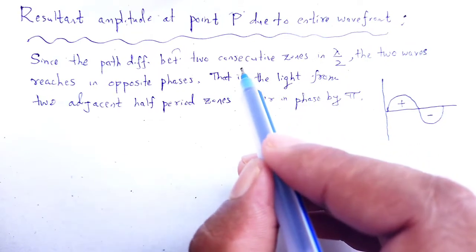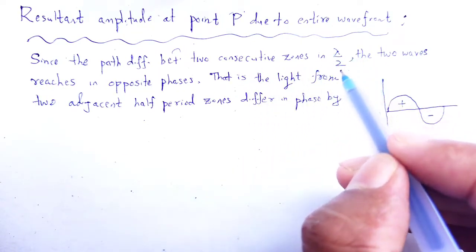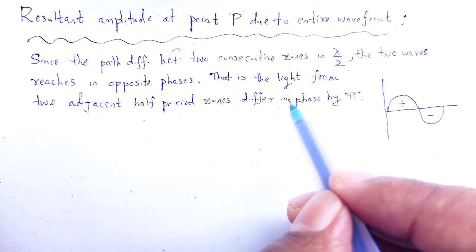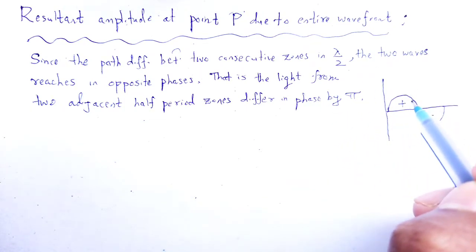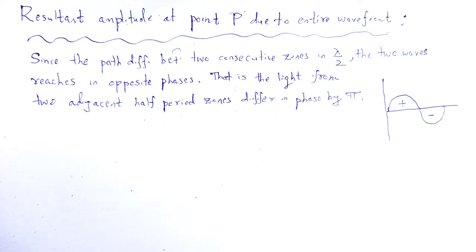Two adjacent zones differ in path difference by lambda by 2 and also in phase by pi. So one is a positive half and the other is a negative half.